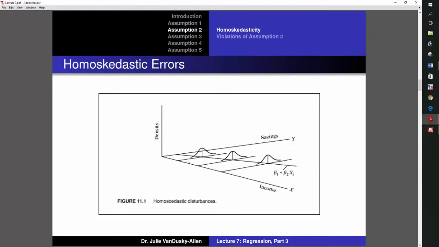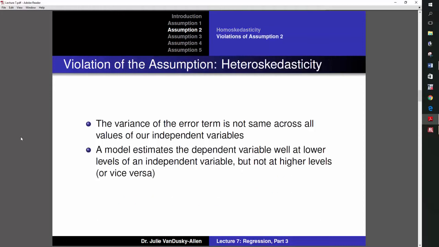The mean of all of these errors should collectively be 0. And the errors are distributed in a similar pattern across all values of income. They are all distributed like a normal curve. Most often, our regression models violate homoskedasticity.